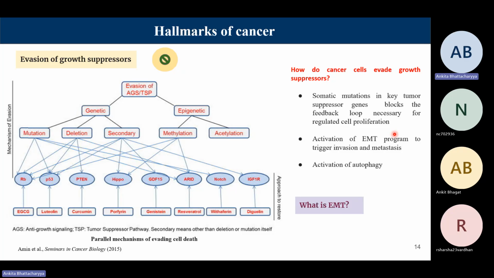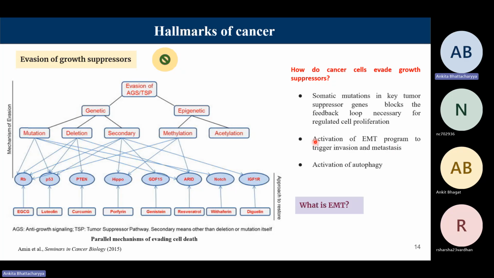So the ability to evade this, not tumor suppressor, growth suppressor, for a physiological condition, if you just look at it as a cell, then evading that is a major advantage that is often also acquired by cancer cells. So somatic mutations in these genes block the feedback loop, which is necessary for cell division to occur in a very controlled, very regulated manner.